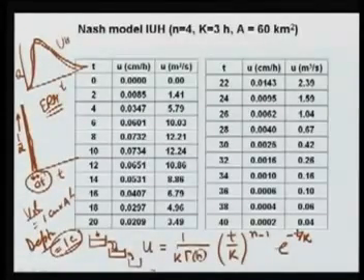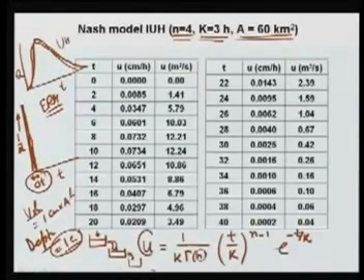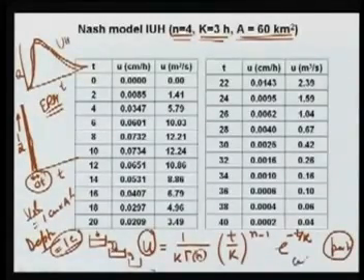So n is the number of reservoirs and k is a time constant. In this case, to illustrate the Nash hydrograph, we have taken n equal to 4 and k equal to 3 hours for a catchment of area 60 km square. This U value is an ordinate which is expressed in per hour, and what it really means is centimeter per hour per centimeter rain.